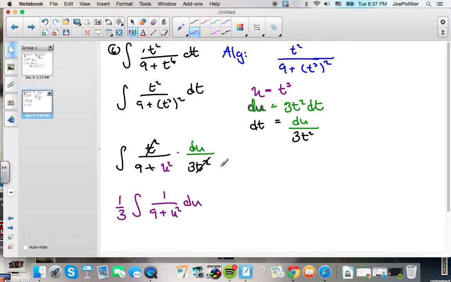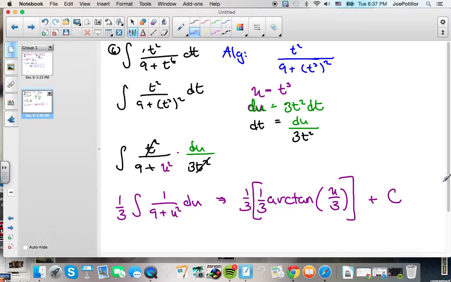That is a completely simple integral, which we don't need to look up on a table. And so this becomes 1/3 times 1/3 arctangent of u divided by 3 plus c.